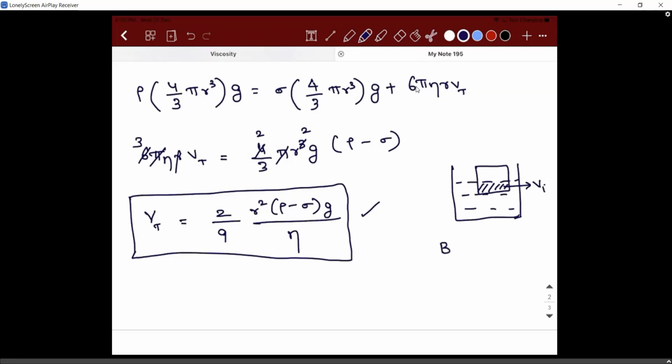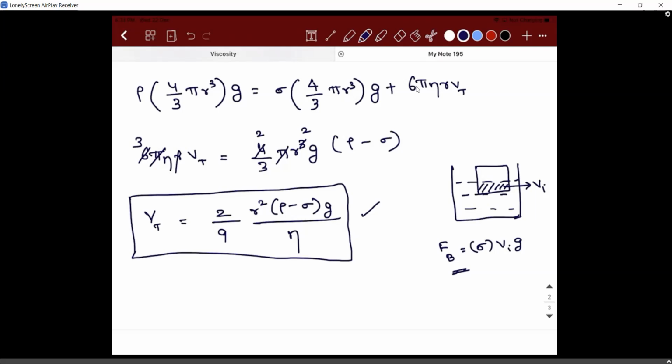Then upthrust, the buoyant force, generally written as F with the suffix B, is the density of the liquid into the volume of liquid displaced, which is the volume you have immersed, into g. Now in this case, the volume of the immersed portion is equal to the complete solid. That is why I took the whole solid. So this is how you calculate terminal velocity.